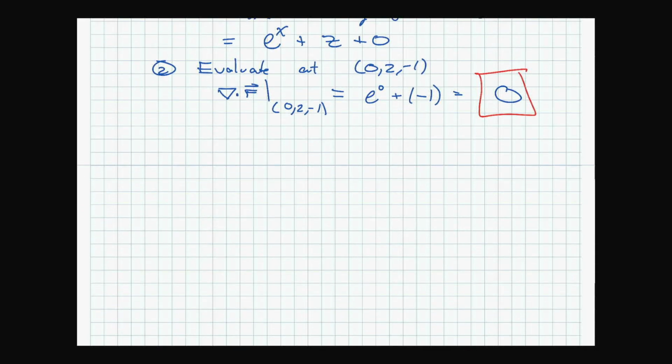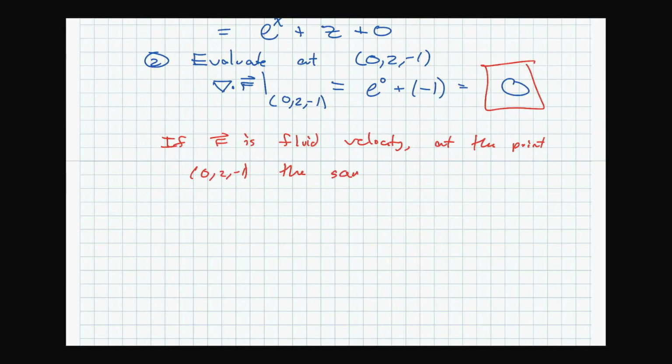Okay. And your interpretation of that would be, if F is fluid velocity at the point 0 to negative 1, the same amount of fluid is flowing in as is flowing out. Right?